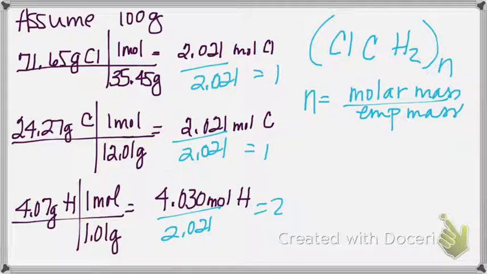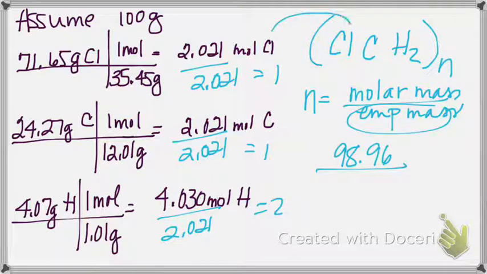Okay, so they gave us the molar mass was 98.96. We're going to divide that by the empirical mass, which is the mass of this formula. So somebody calculate that for me. 49.48 is what I have.